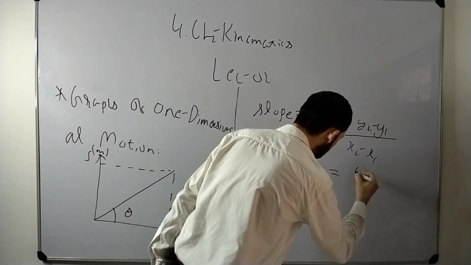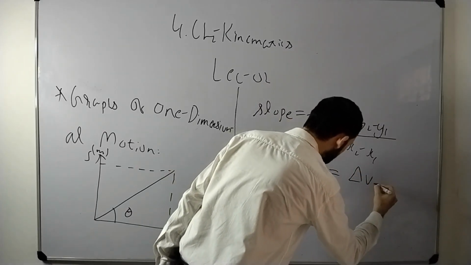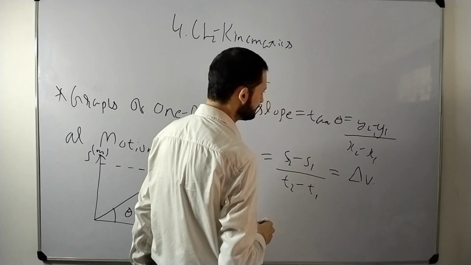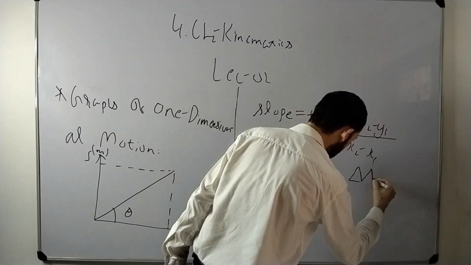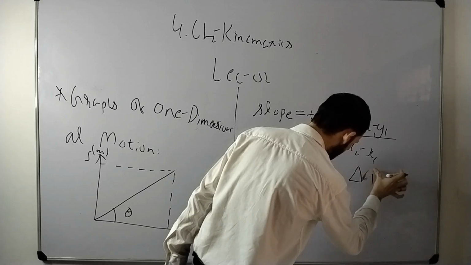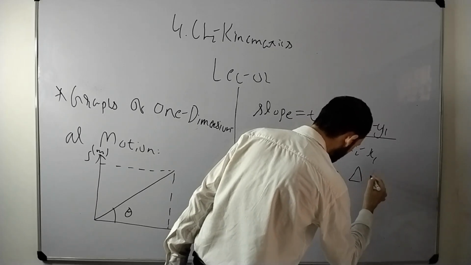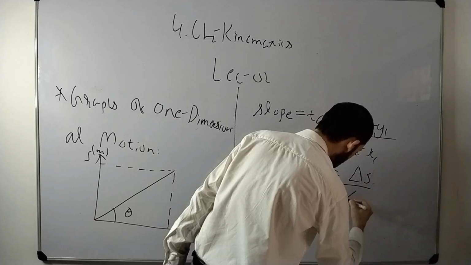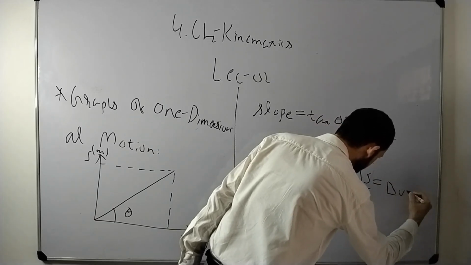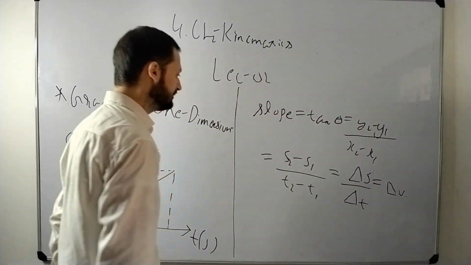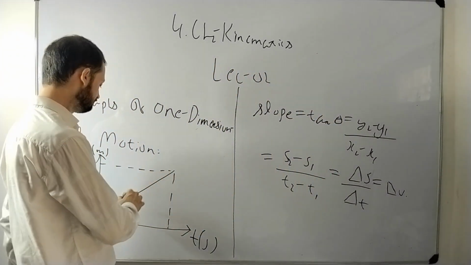This happens to be what? Del S upon del T, and this happens to be del V, velocity. So this is the slope of the graph.